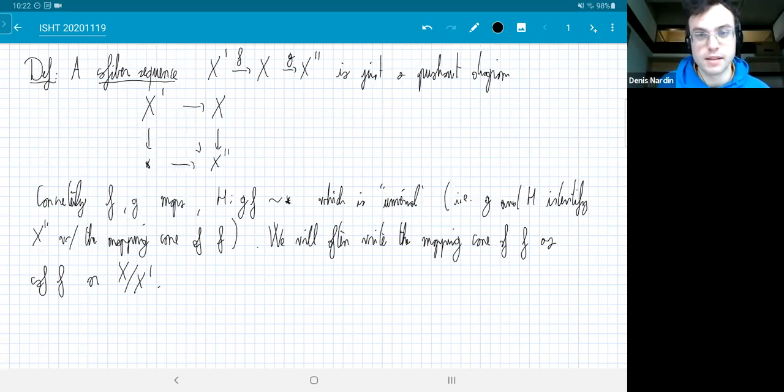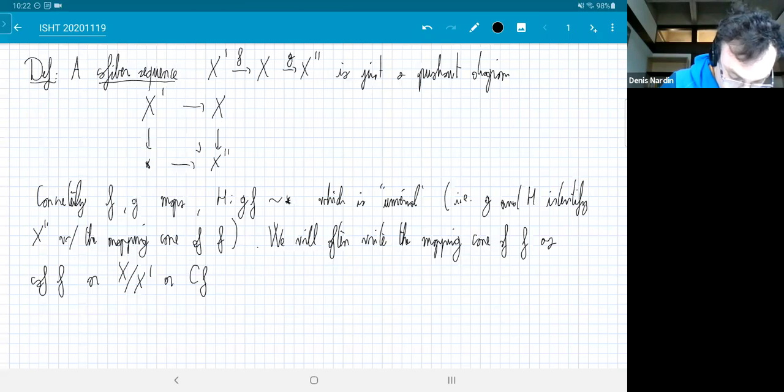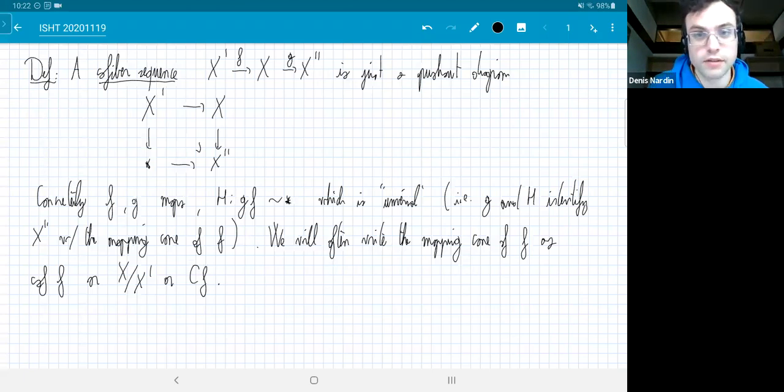We saw this last semester, although we won't need it, just to motivate the notation. Or sometimes also CF, but I'm going to use it less often. Okay. Questions?